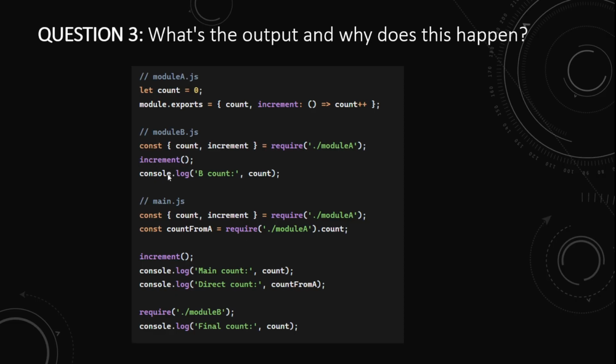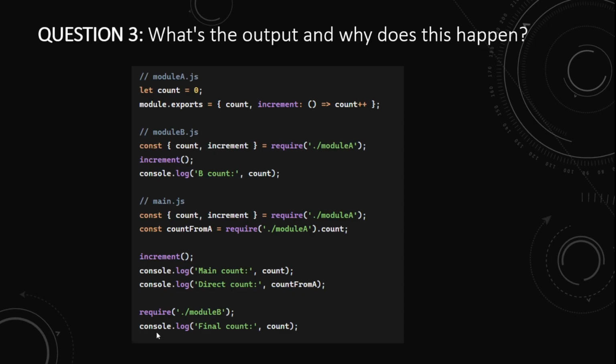Hence, when increment gets executed, the count will become 2 in module a.js, but it will not reflect in module b.js when this console.log is executed. At the time when this console.log gets executed, count will actually be holding the value 1. Hence, this console log will print b count is equal to 1.